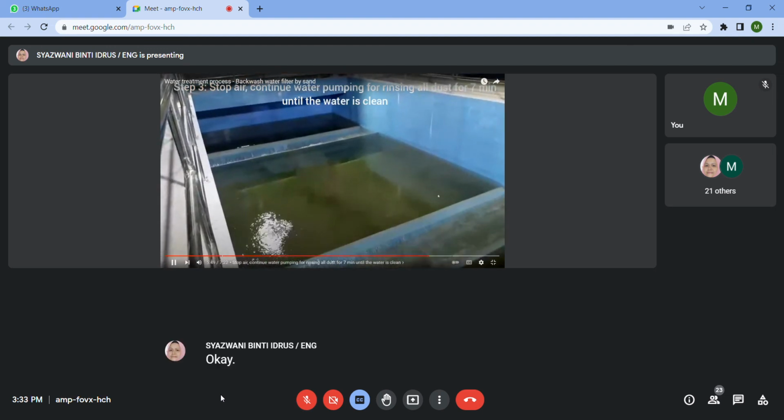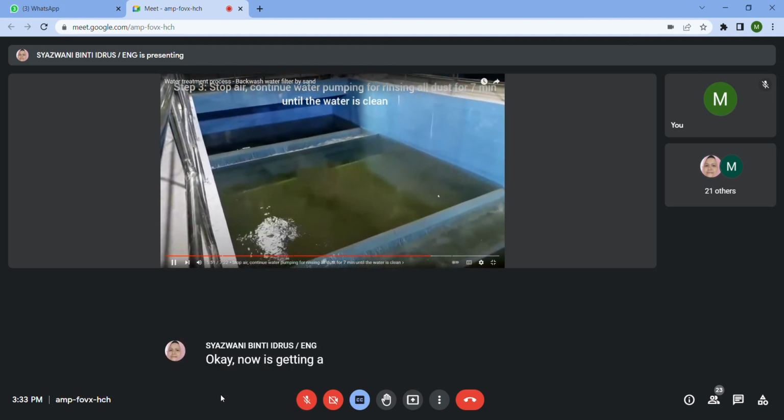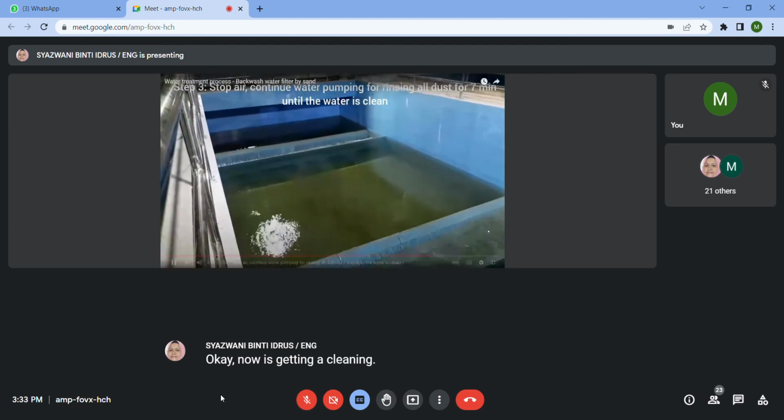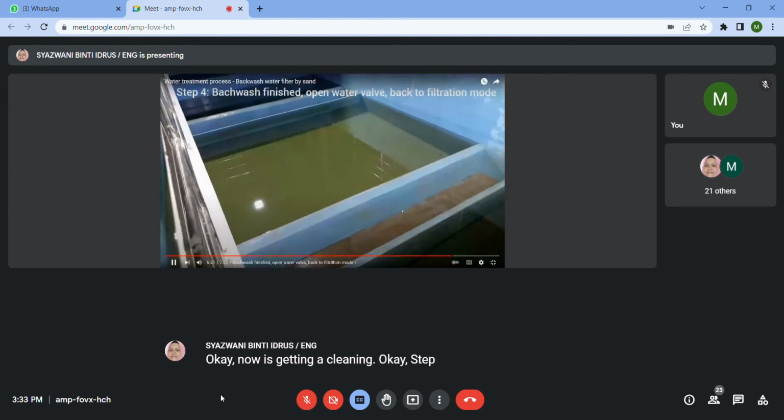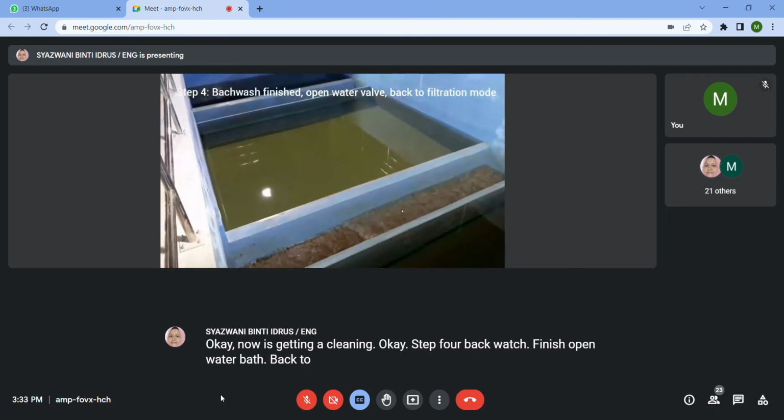Okay, now it's getting cleaner. Okay, step 4, backwash, finish, open water bath, back to filtration mode.